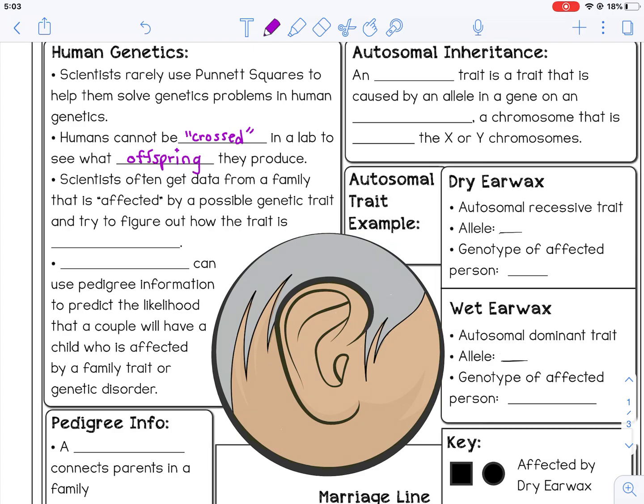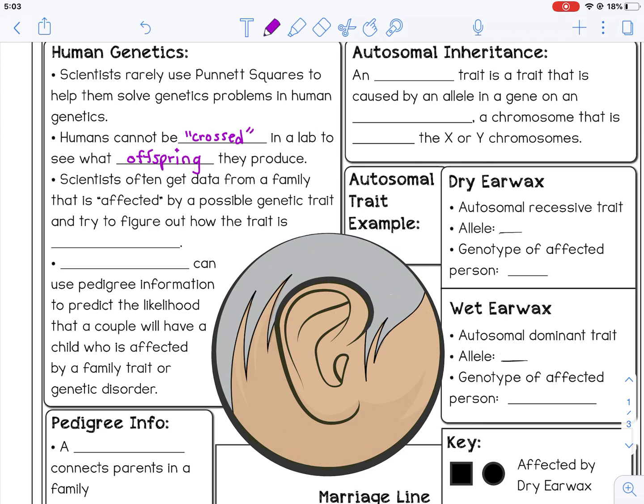Because think about it. When Gregor Mendel was discovering the laws of genetics, he took pea plants and he intentionally crossed pea plants with one trait with a pea plant with another specific trait. You can't do that with humans.